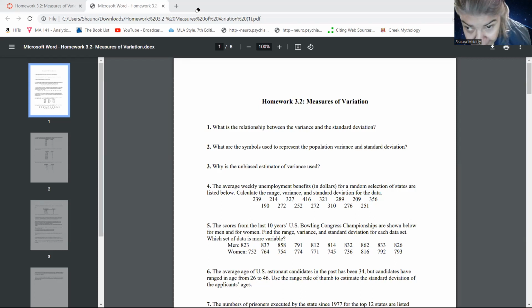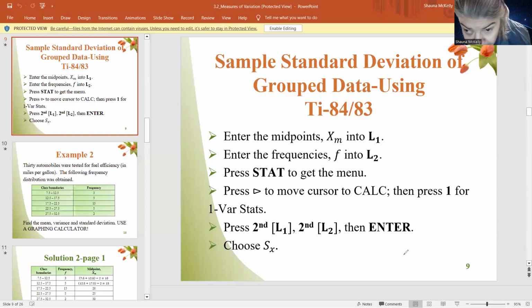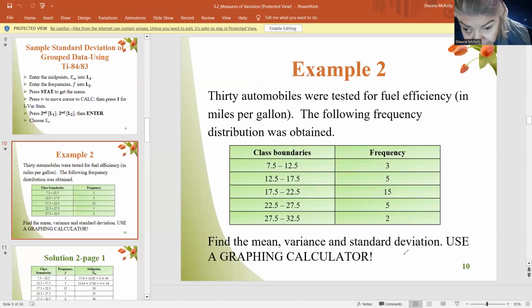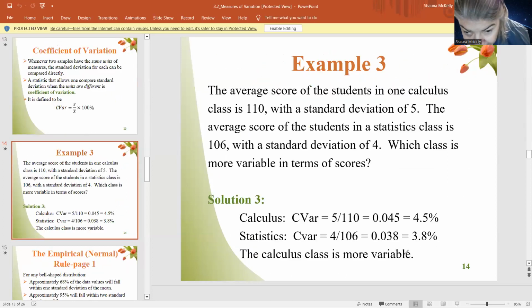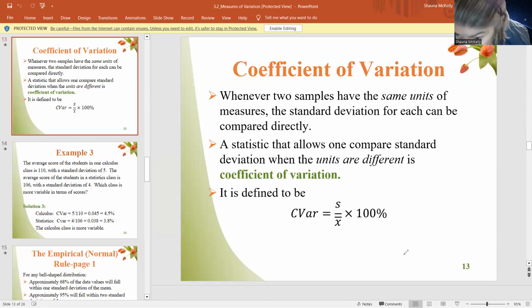Okay. And here, after she goes through this, on slide 13. All right. Covariance is the standard deviation divided by X bar, which is the sample mean, times 100.